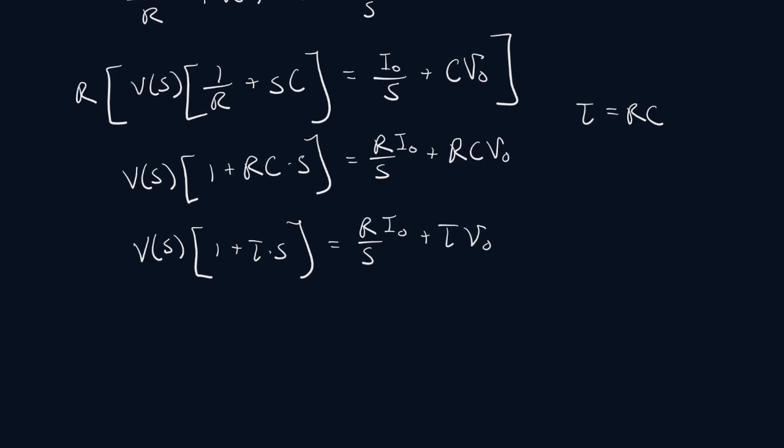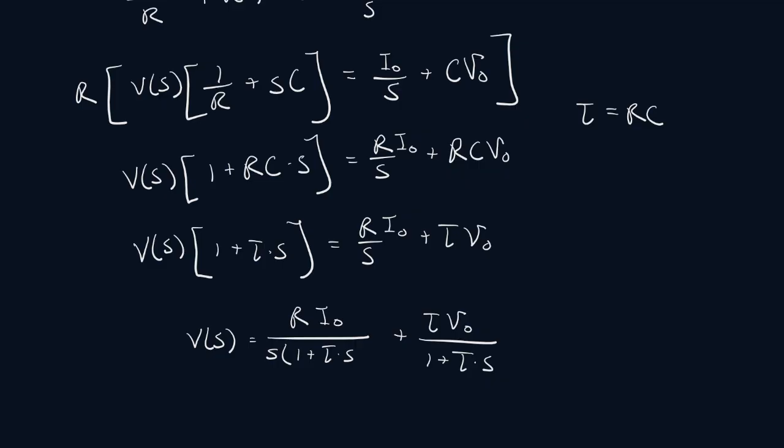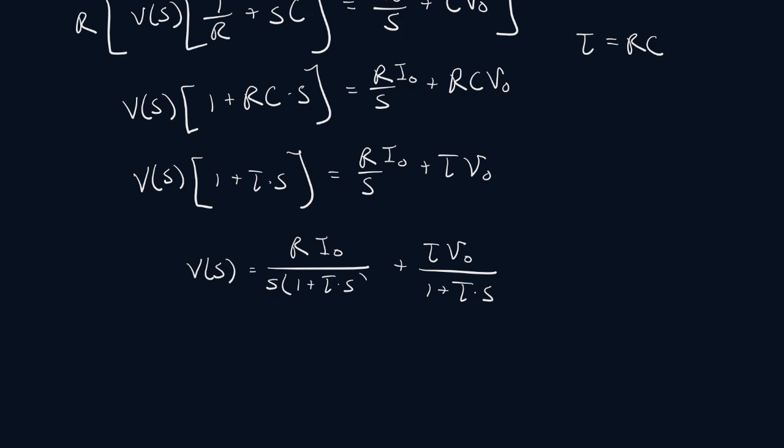Okay, and now let's divide by 1 plus time constant times S. Okay, now the next step we have to do is, let's factor out the time constant from both of these.